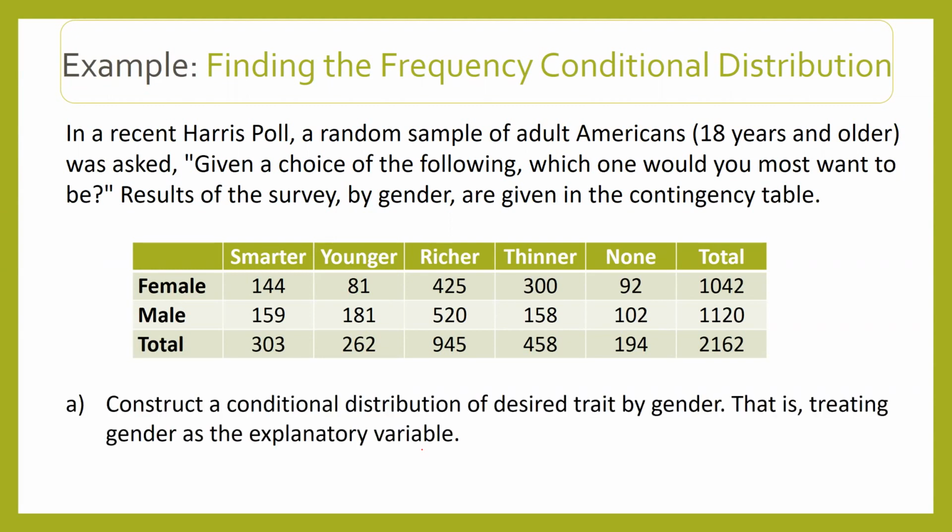So first, construct a conditional distribution of desired trait by gender. That is, treating gender as the explanatory variable. This is extremely important, okay? Because remember before, if we go by the previous example, what they want to be, this characteristic here, was what we used as our explanatory variable.